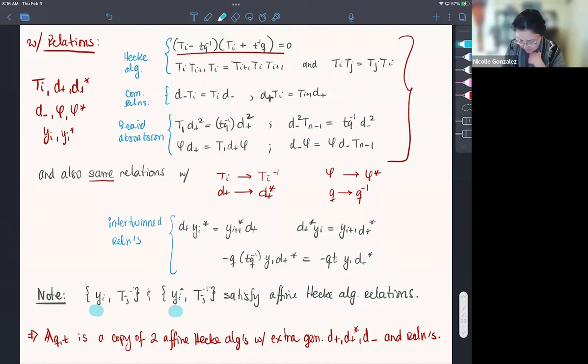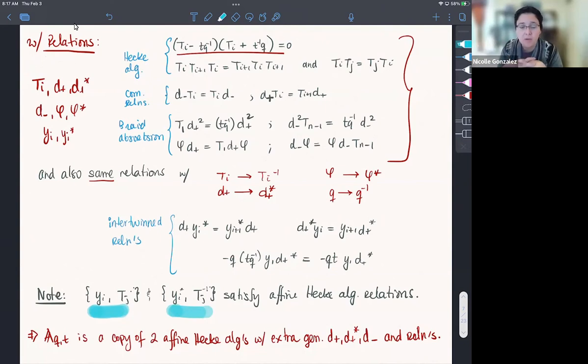In particular, the subpiece generated by Y_i and T_i together generates an affine Hecke algebra. So this is why I compared it to the DAHA naturally. What you really have here are two copies of the affine Hecke algebra, the ones generated by Y_i and T_i, and Y_i star and T_i inverse, with some additional raising and lowering operators. These are the D plus star and D minus mixed together in an interesting way.